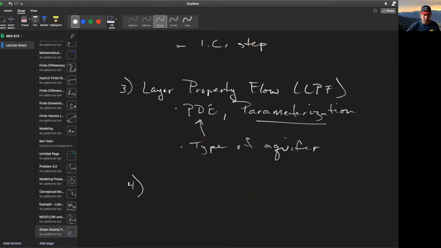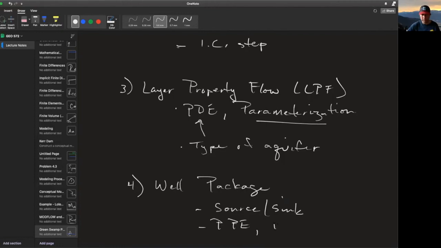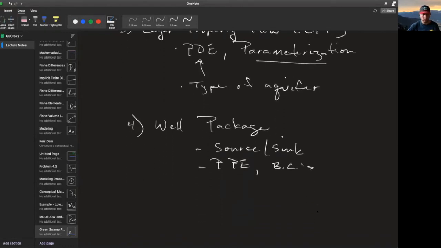For the well package, we're going to have a well, so we need to use the well package. You can think about this as setting up the source sink, and so this affects the PDE. It affects the PDE and sort of the boundary conditions. We're going to use the recharge.